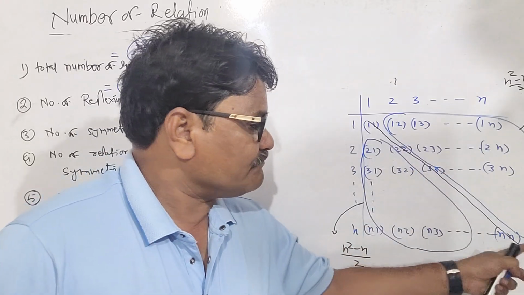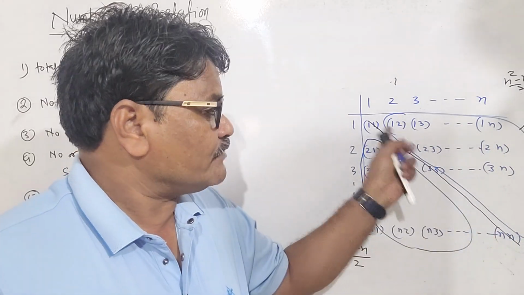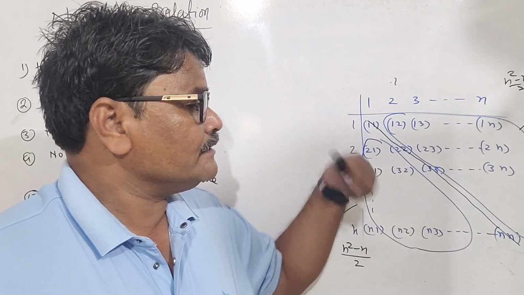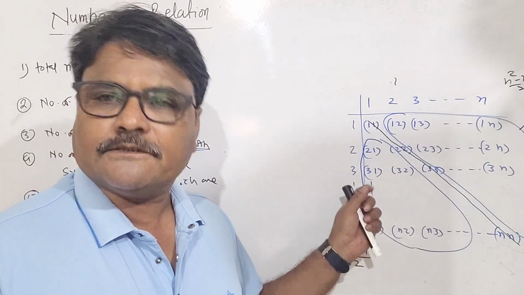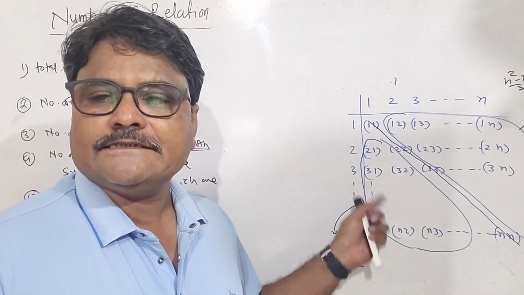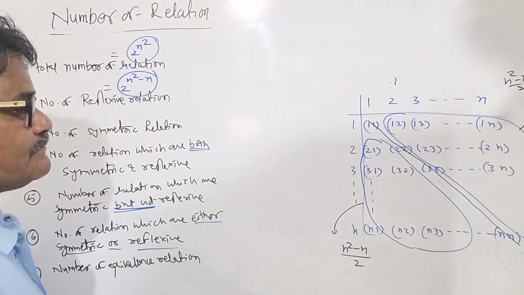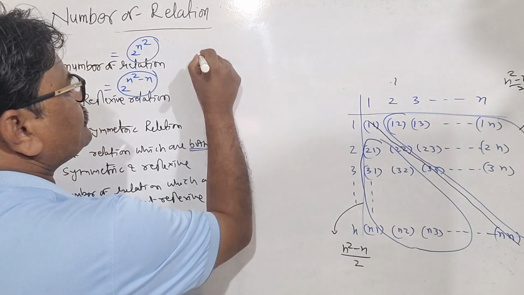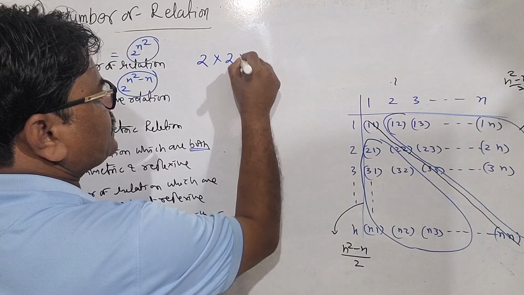So we find the number of ways of choosing subsets of A cross A for the elements above the diagonal or below the diagonal. The below-diagonal elements depend on the above, and the above-diagonal elements depend on the below. Therefore (1,2) has two choices, (1,3) has two choices, and like that.